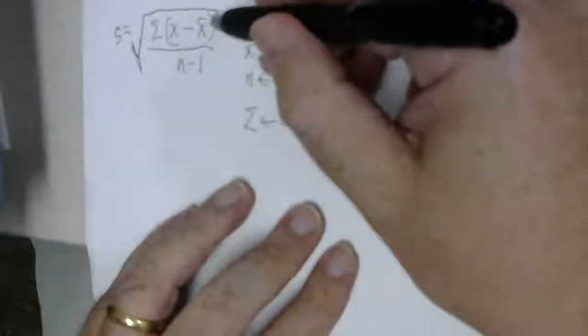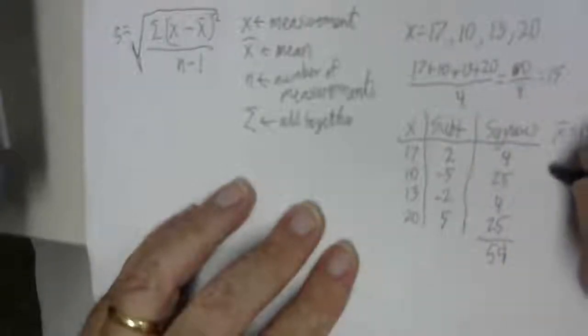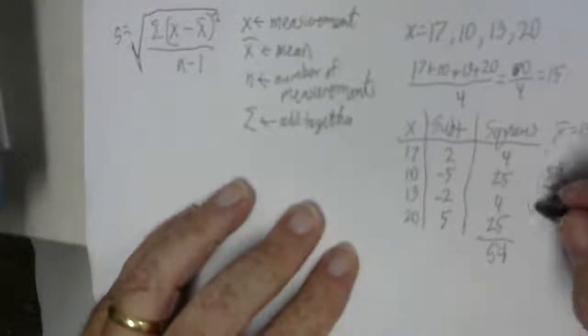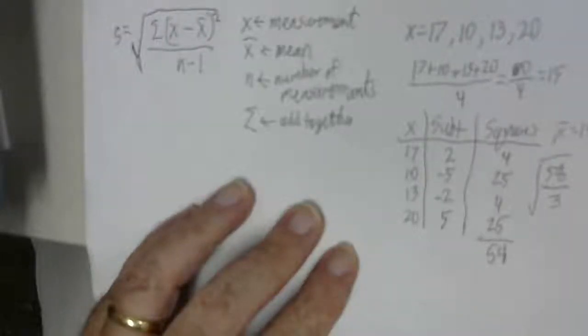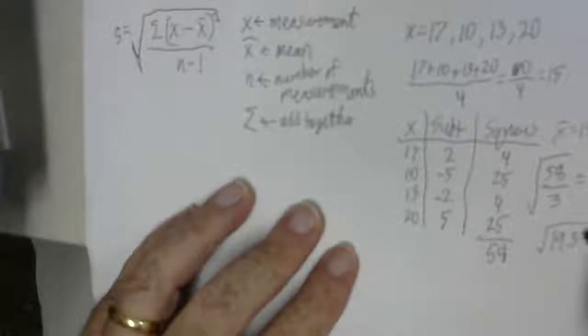And then I take that and I'm going to divide it by n minus 1. I have 4 numbers, so I'm going to divide by 3. 58 divided by 3, and then take the square root of that number. So then when I say, okay, if I take 58 divided by 3, that gives me approximately 19.333.